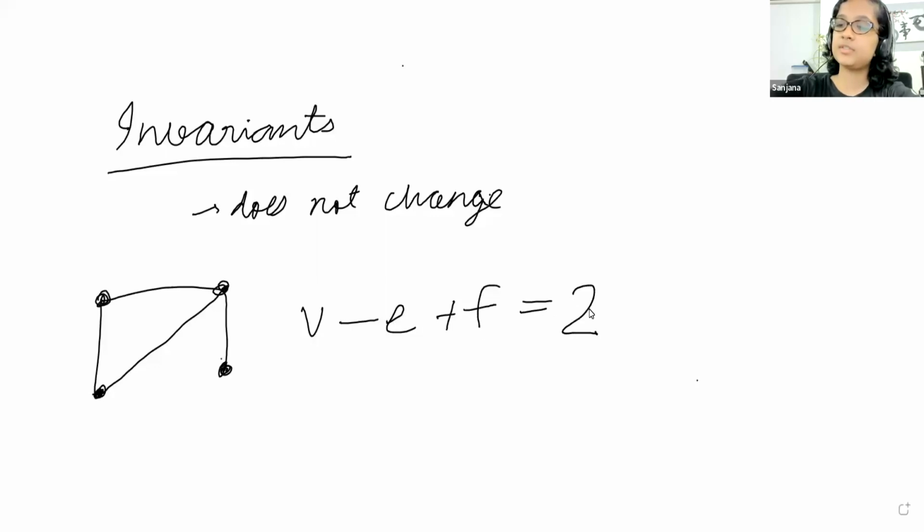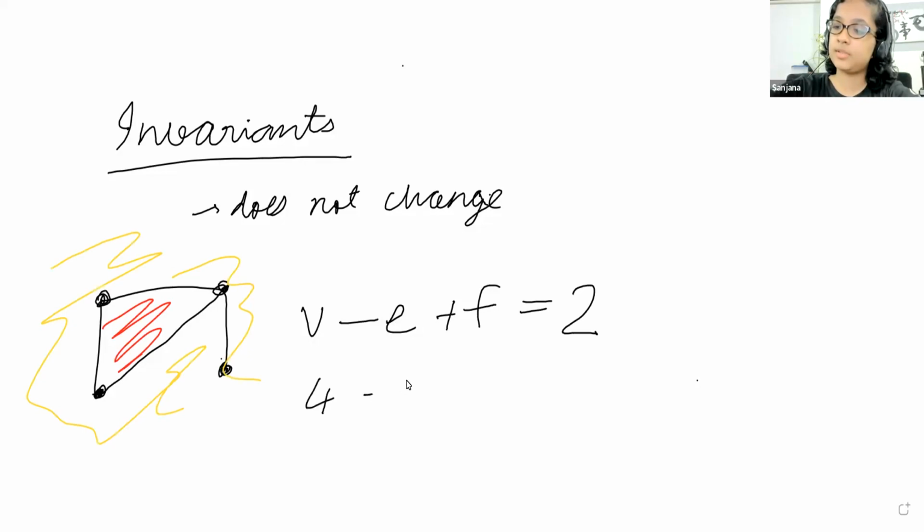A face is just an area which is not cut by edges. So this is one face and this whole thing outside is another face. Here you have 4 minus 4 plus 2 equal to 2, and it holds.